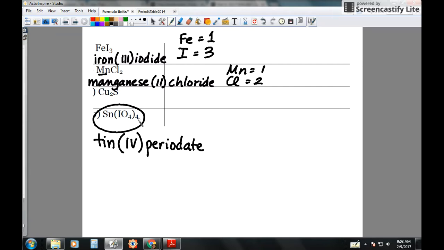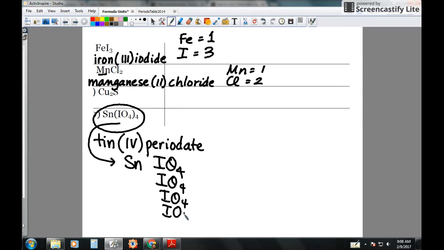What is the meaning of this formula? It means something like this. It means tin, and this polyatomic ion, periodate, but there are 4 of them involved, right? So this will make it a little easier to count if you write it out this way.